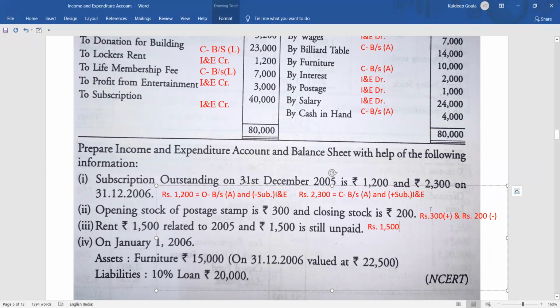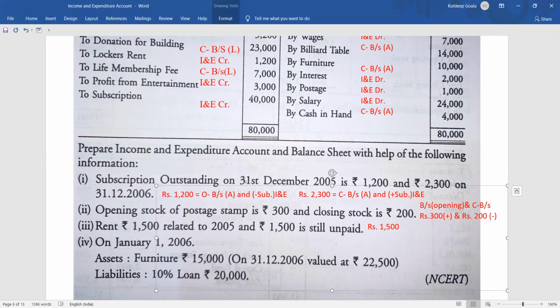One more thing here, what you have to do is that this 300, once it will come in the balance sheet, which balance sheet? Opening. Okay, it will come in the opening balance sheet, right? And this 200 will come in the closing balance sheet.